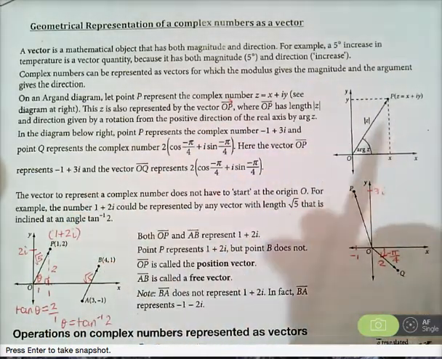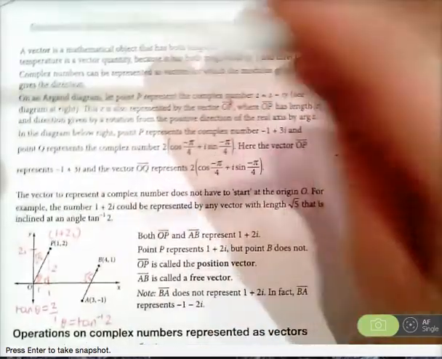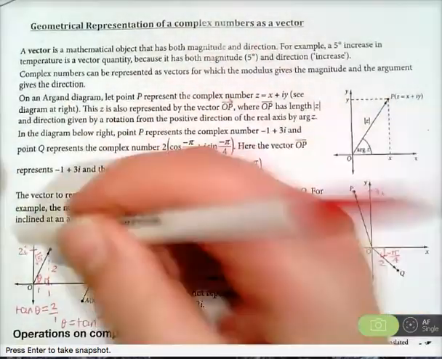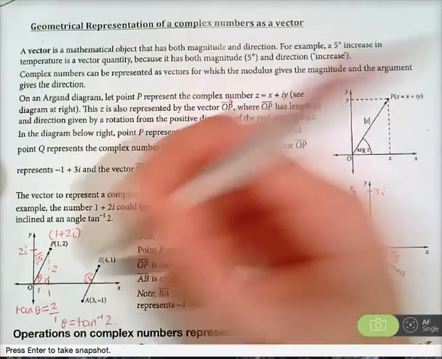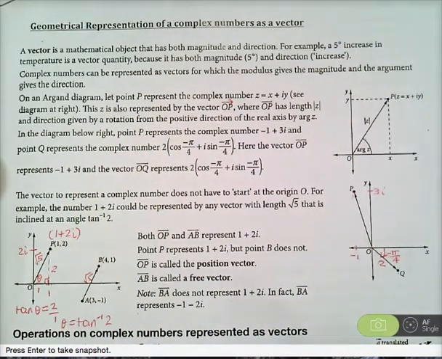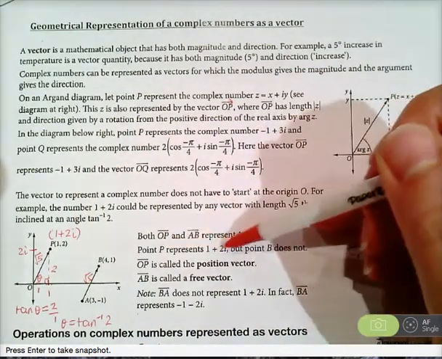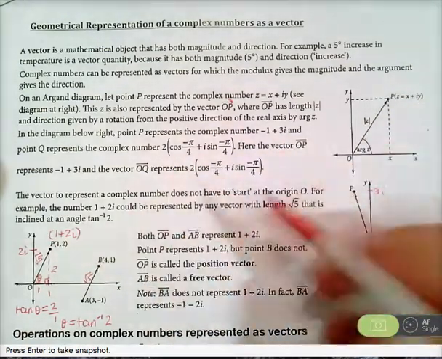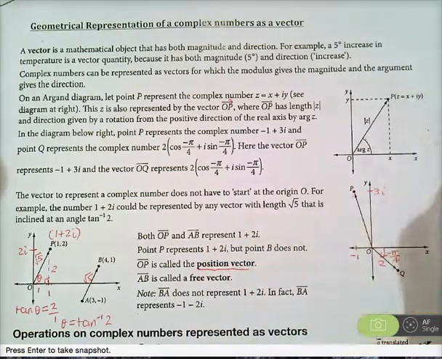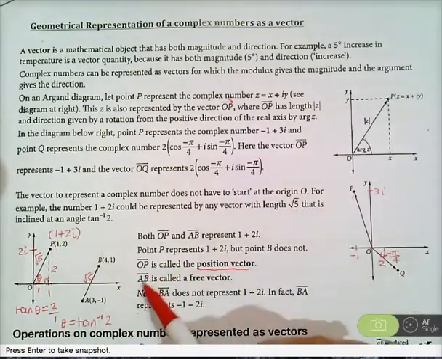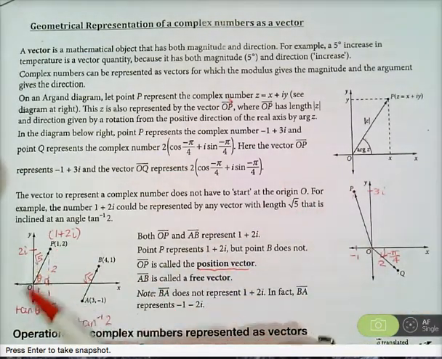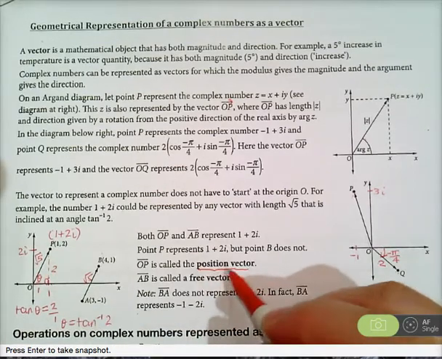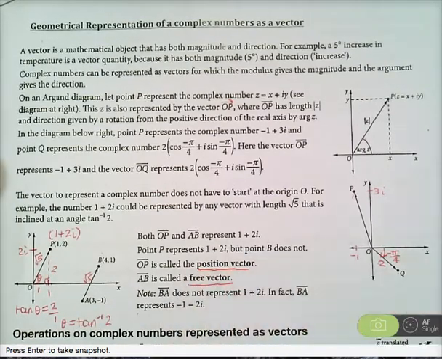They don't represent the same complex number, those 2 points, but they represent the same vector. OP is called a position vector because it starts at the origin, and AB is the same vector as OP, but it's called a free vector.